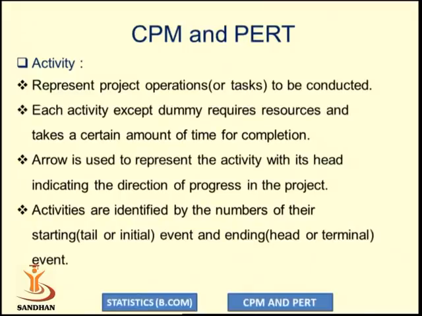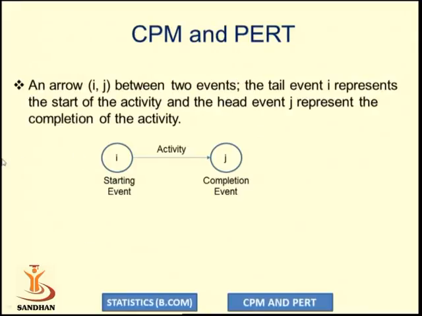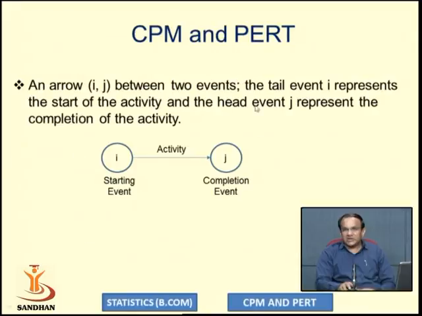Activities are identified by the numbers of their starting tail or initial event and ending head or terminal event, or they can be identified using any symbol A, B, C, D and so on. For an arrow ij between two events, the tail event i represents the starting of the activity and the head event j represents the completion of the activity.